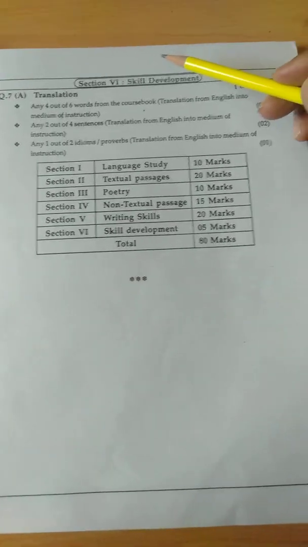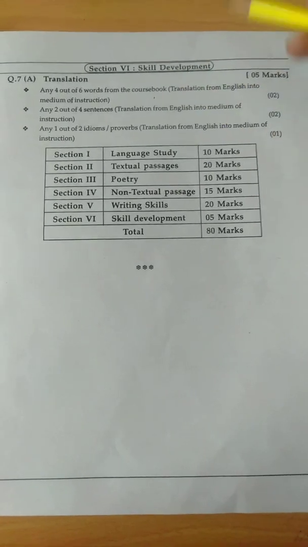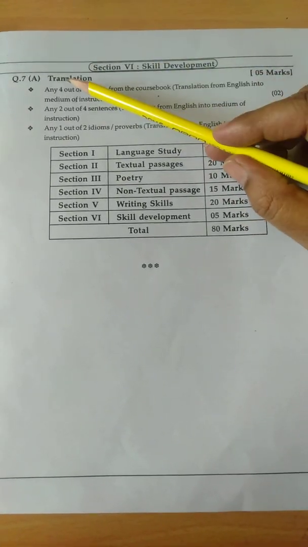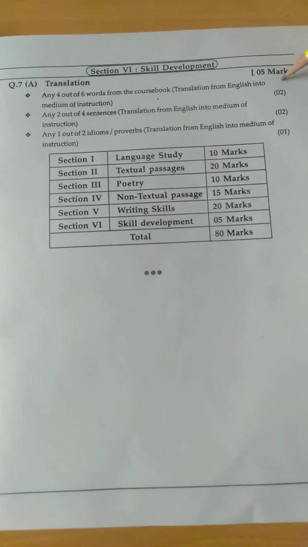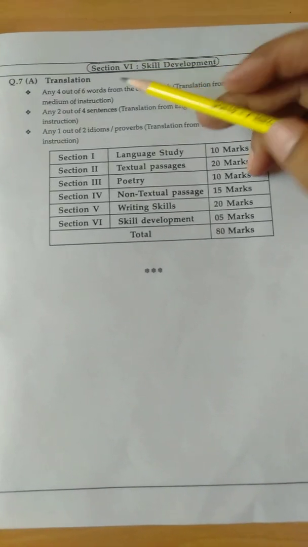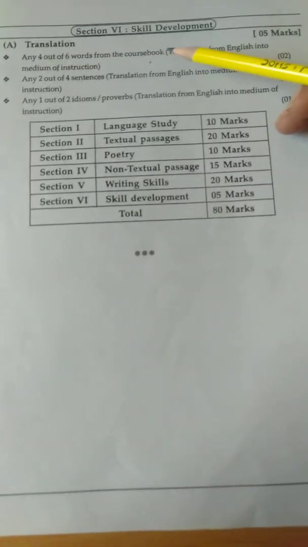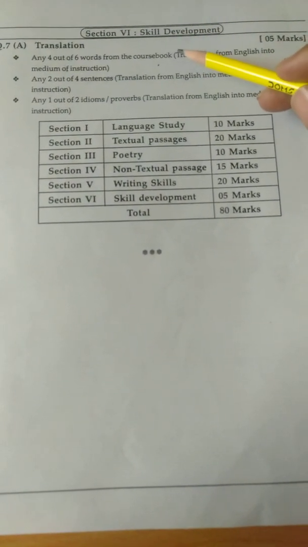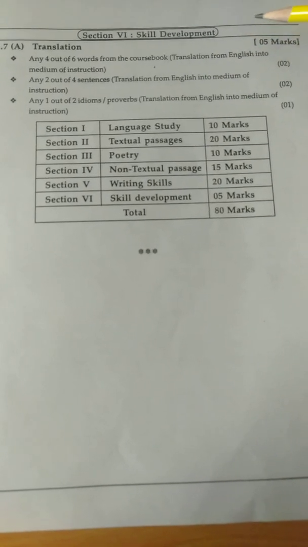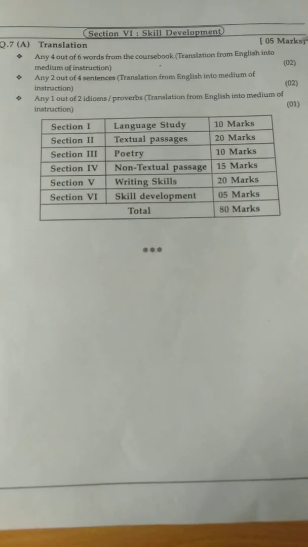Section 6 is about skill development. Question number 7a, translation. It is for 5 marks. Any 4 out of 6 words from the course book will be given to you and you have to attempt any 4 words from these. It is for 2 marks.